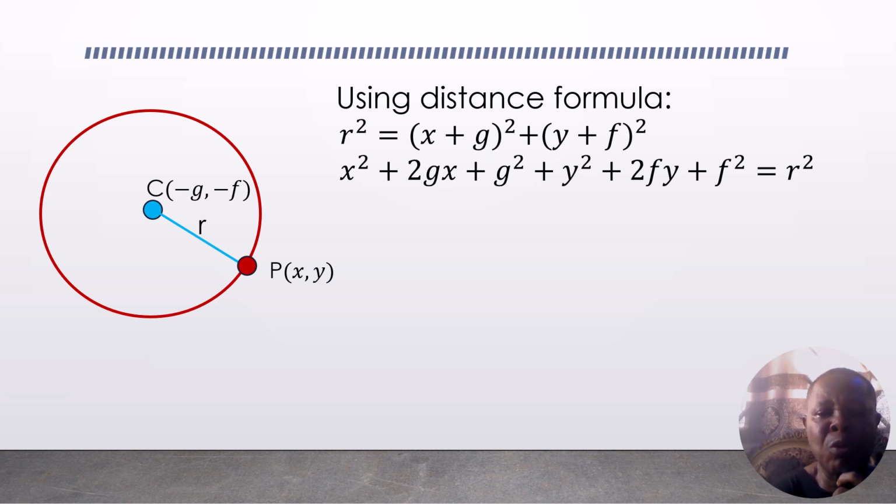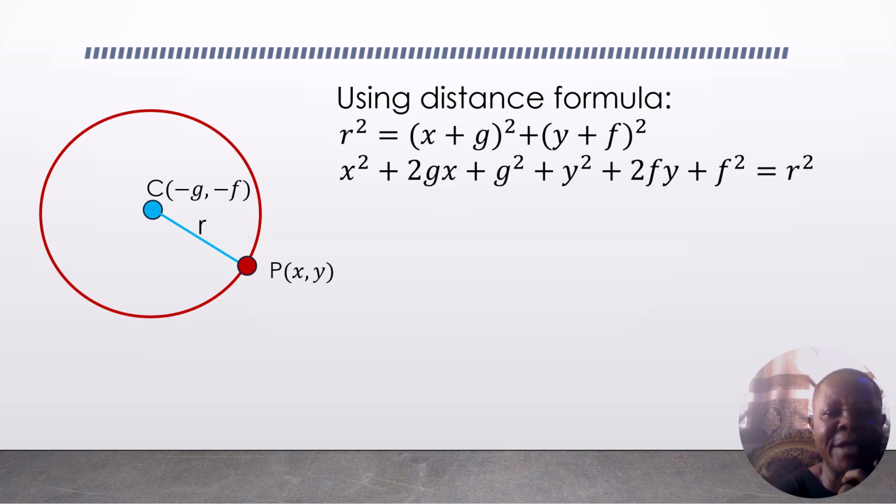Expanding the two terms on the right, we have x squared plus 2gx plus g squared plus y squared plus 2fy plus f squared equal to r squared.